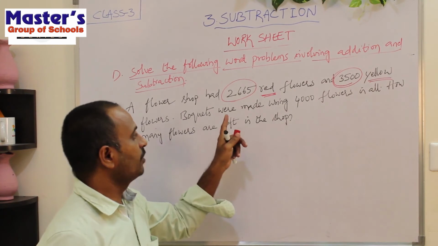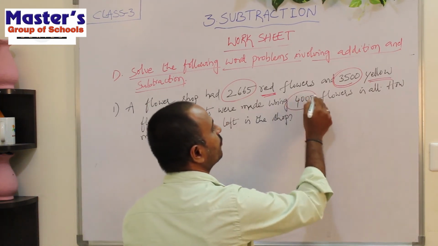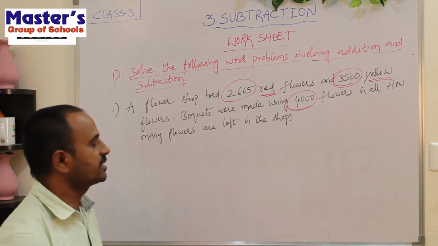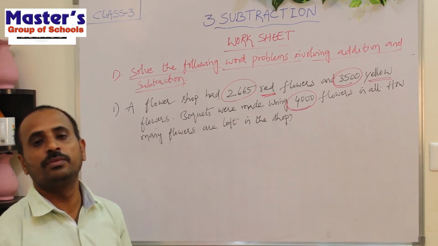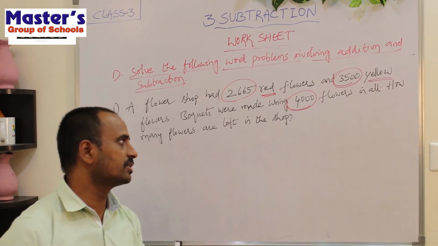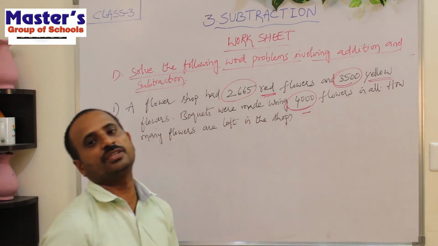Then how many flowers were used in making bouquets? Total 4000 flowers are used in making bouquets. And how many flowers are left in the shop? After making bouquets, how many flowers will be left? Left means we have to do subtraction. So we have to subtract these 4000 flowers from the addition.